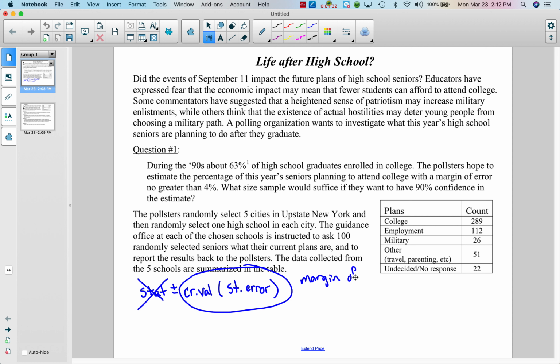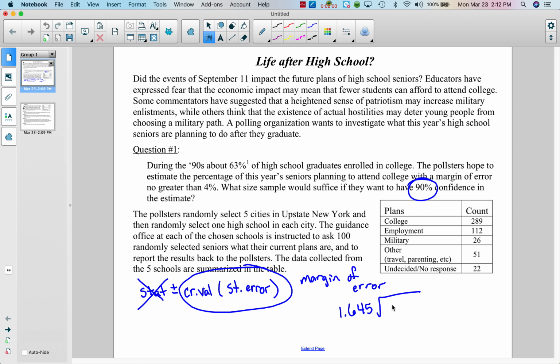To get the margin of error, we need the critical value, which for a 90% confidence, looking on your yellow sheet, is 1.645, times the square root of, and if you look back to see what the standard error of the statistic is, you actually have that on your paper, it is the square root of p hat times 1 minus p hat over n.